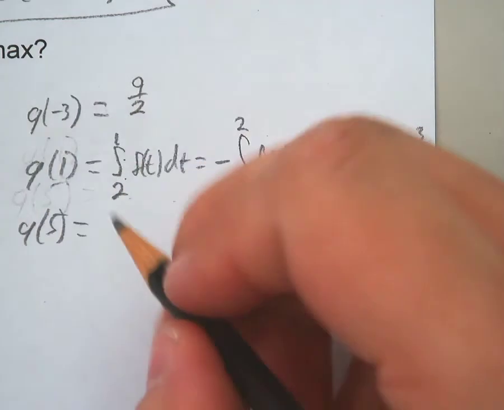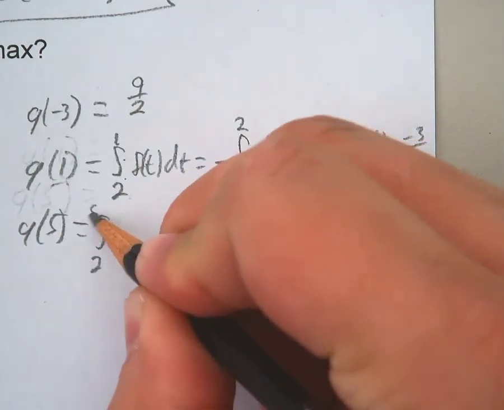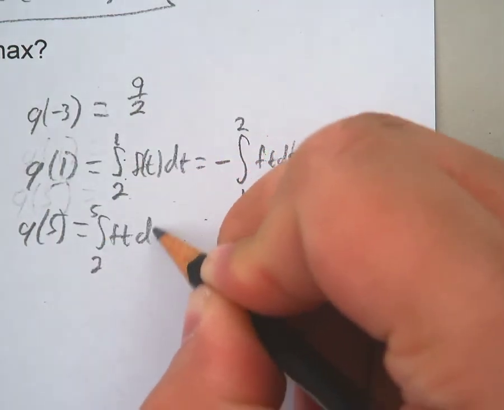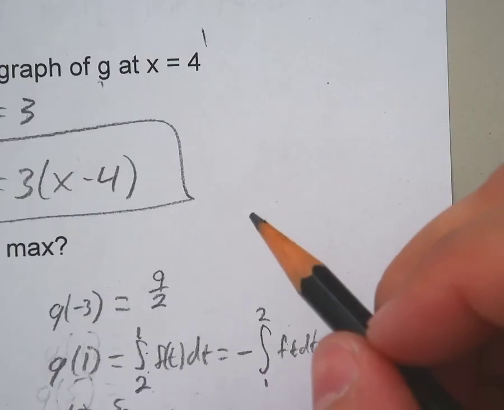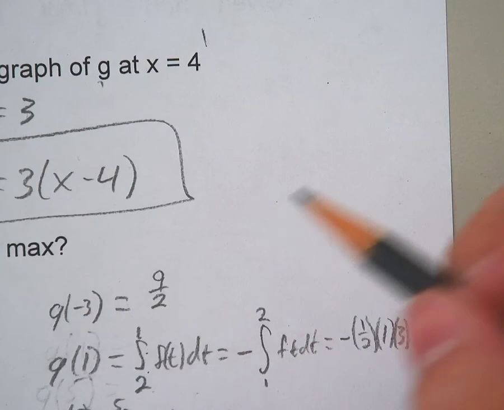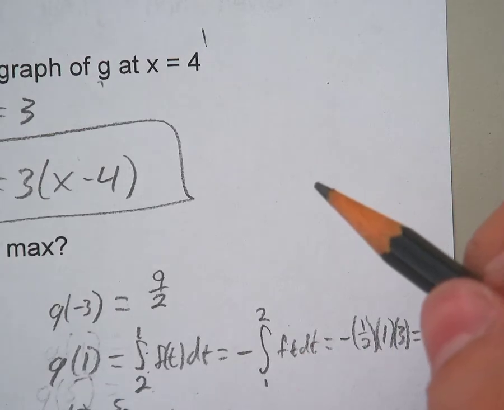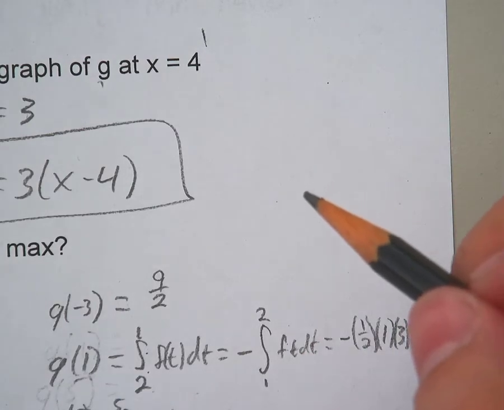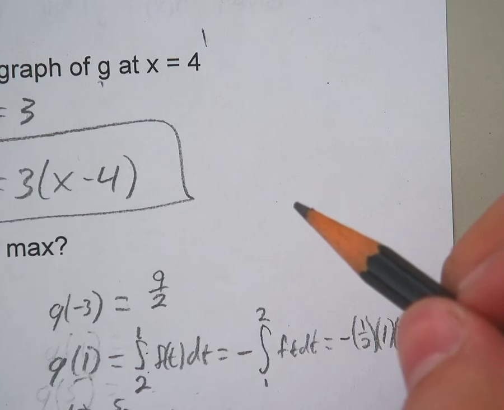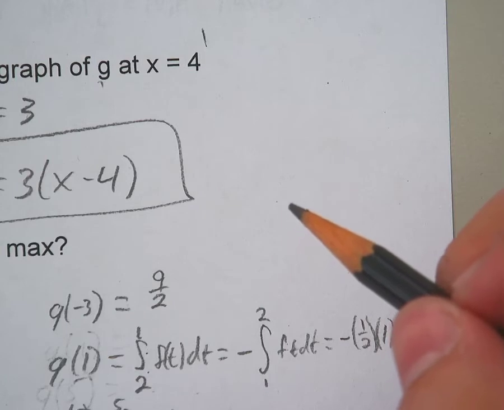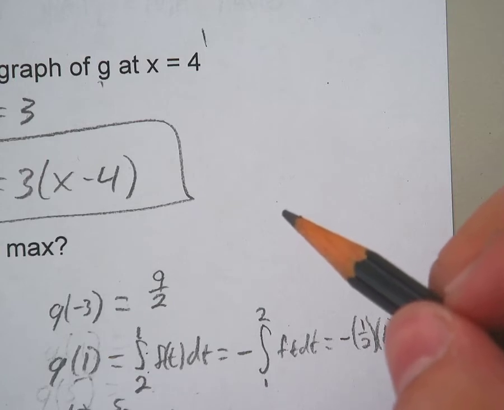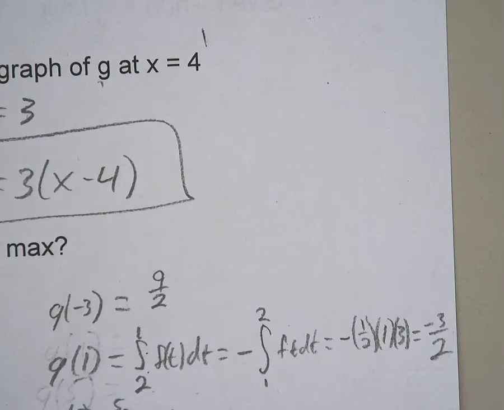G of 5 is the integral from 2 to 5 of f of t dt, which is from 2 to 5. This is a, ooh, you know what? Is there a way I can get around this? I think there is.